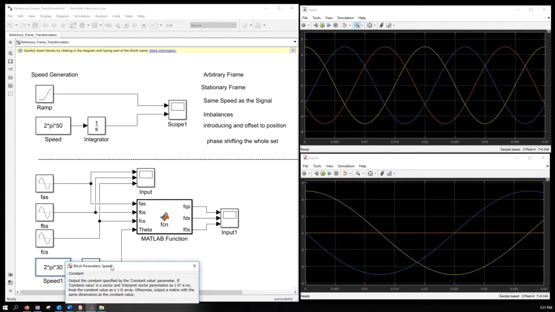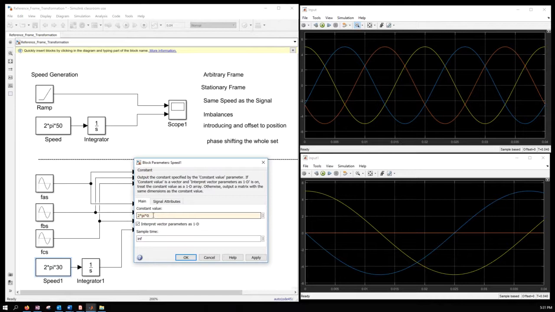Well, technically speaking, stationary frame means what's the frequency? Technically speaking. 0, exactly. Yeah, very good.